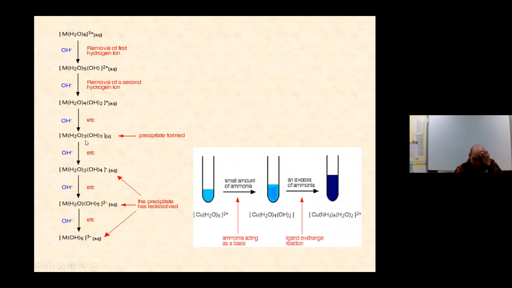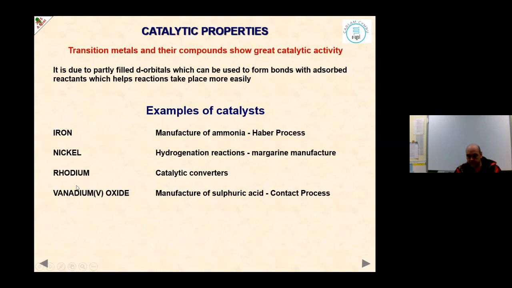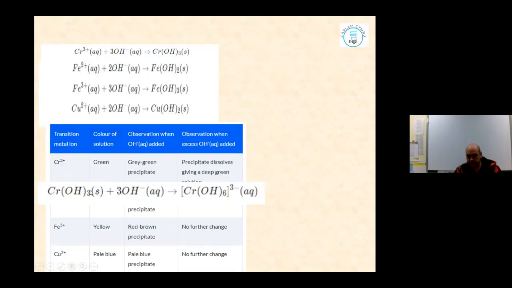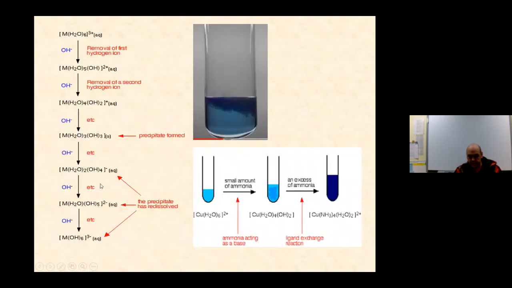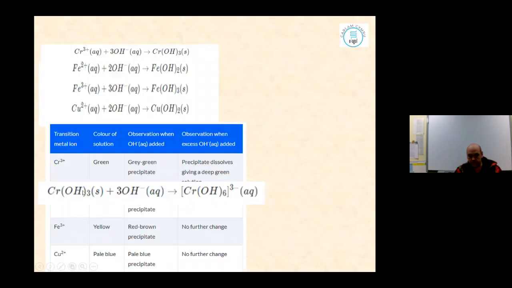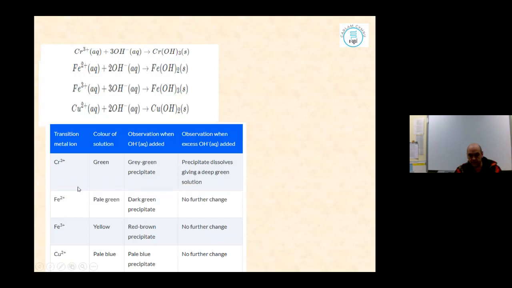And actually what we can say here is that the chromium is amphoteric in nature, which means it can react with hydroxide ions. But equally, if I take that species and add in acid, it will absorb those protons and reform water. So this is why we describe something like this chromium hydroxide as being amphoteric.